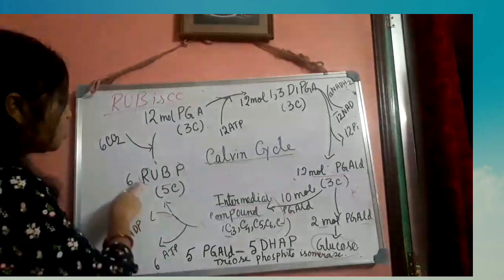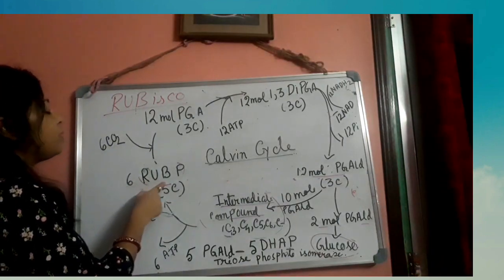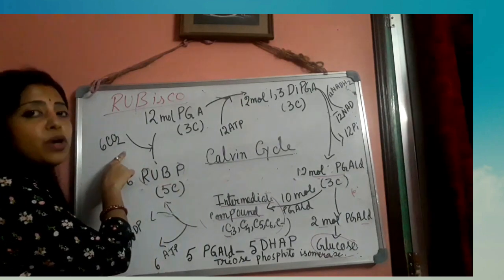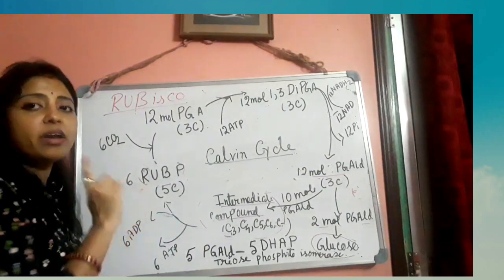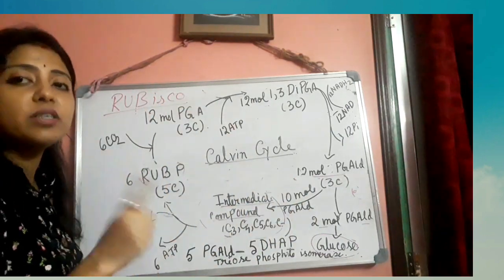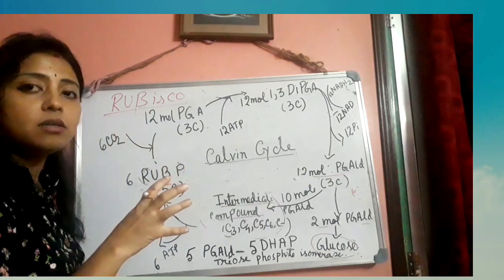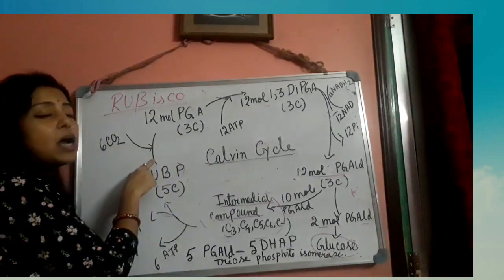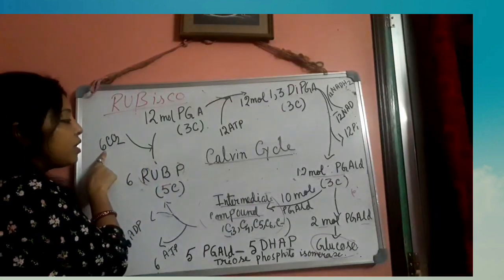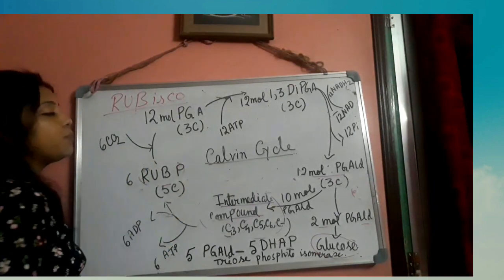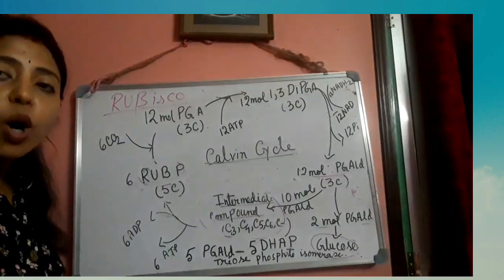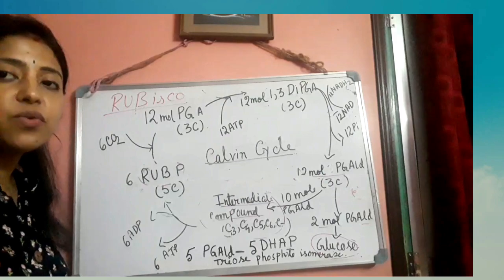Clear? So 6 molecules of RUBP, where the number of carbon is 5, will be reacted with carbon dioxide. Plants, green plants, take this carbon dioxide from air as raw material for fixation. So here the fixation of carbon dioxide will be happening. 6 molecules of carbon dioxide will be reacted with this substrate, that is known as RUBP, or ribulose 1,5 bisphosphate.